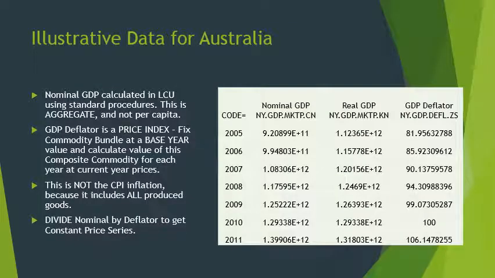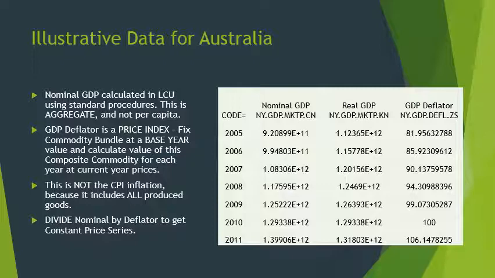To assess the validity of the quantity theory, these are the three series we need. The nominal GDP calculated in local currency units. This is done by standard procedures. Every statistics bureau in every country comes up with these figures. This is the aggregate GDP for the whole country, not the per capita one.